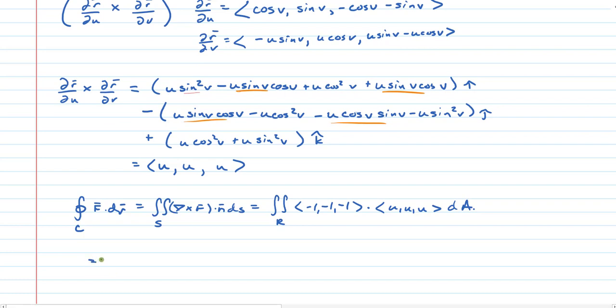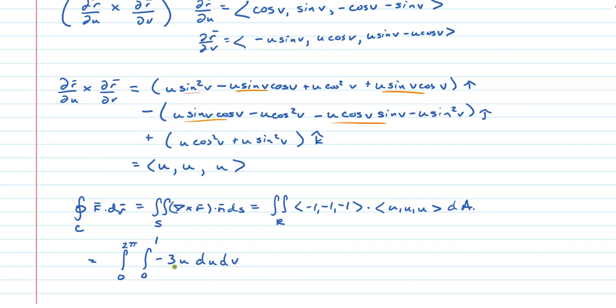Computing that dot product and also putting in the bounds of our parameterization gives us the integral from 0 to 2 pi, 0 to 1, minus 3u du dv.